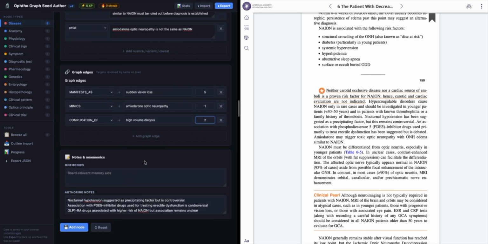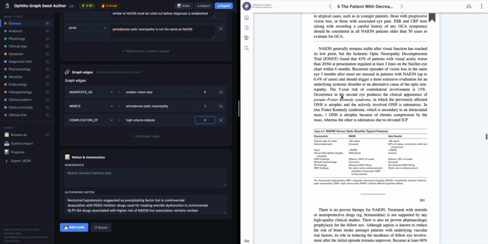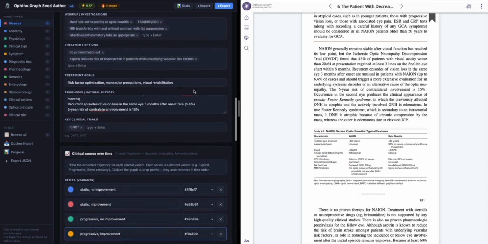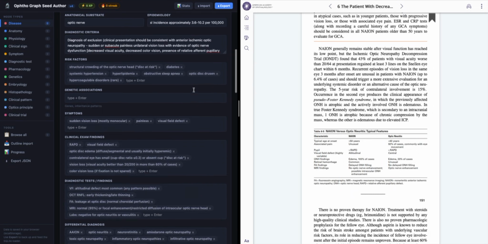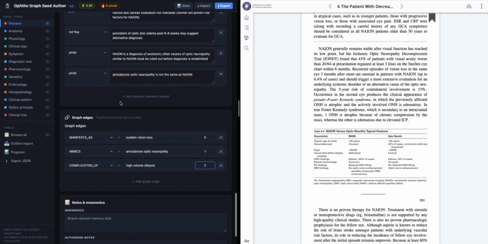So this is just kind of a very detailed but basic way of taking the text that we have here and putting that into a framework that helps you understand and learn all of this information.